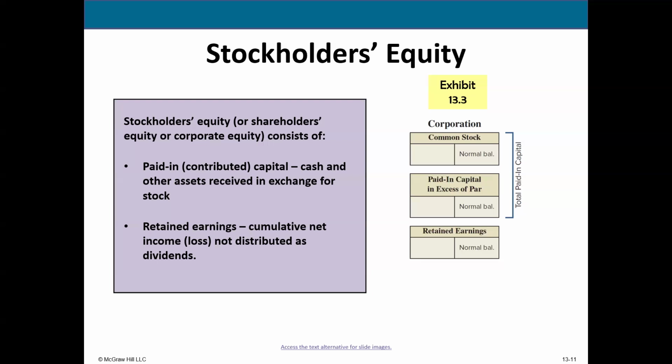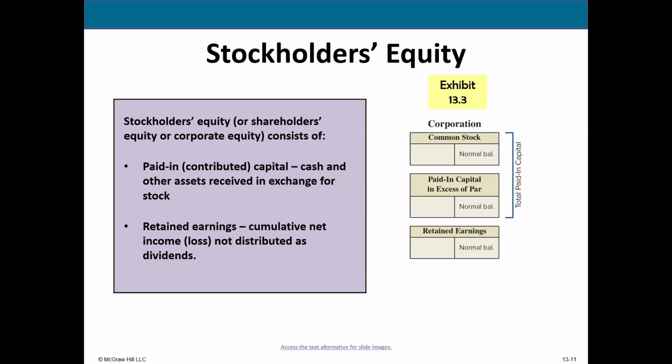The paid in capital account is typically in excess of the par value. For example, let's say a share of Starbucks stock is $10 per share and it has a par value of $1. Remember, the par value is the minimum acceptable value that we can place in a share of stock.